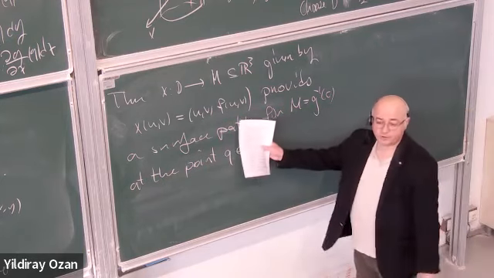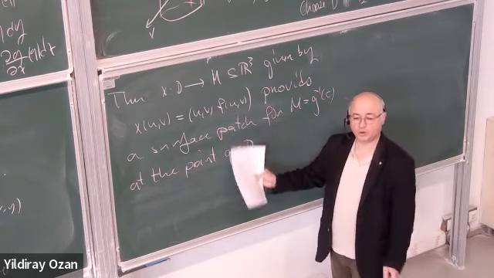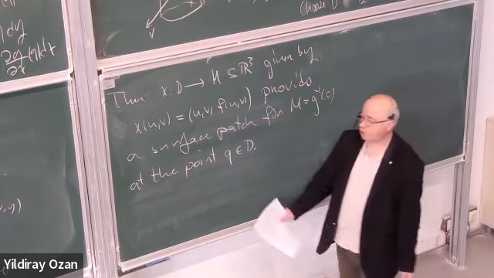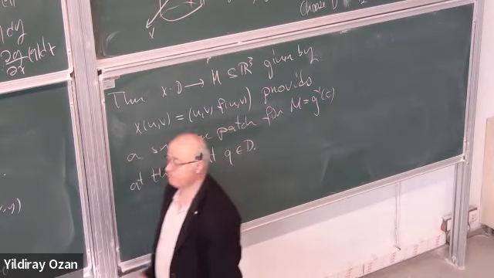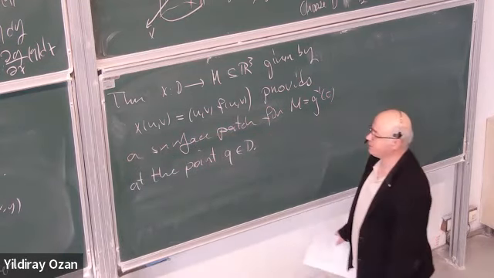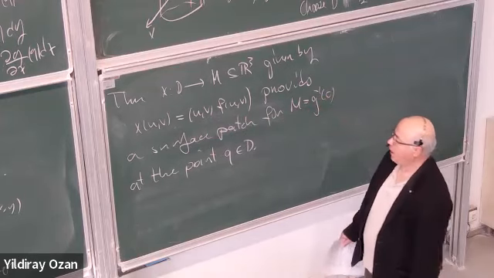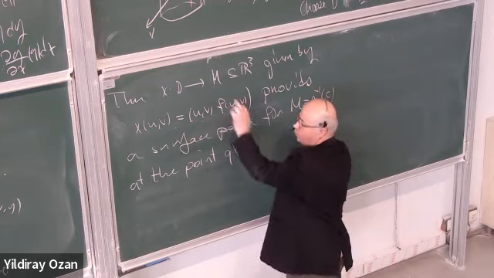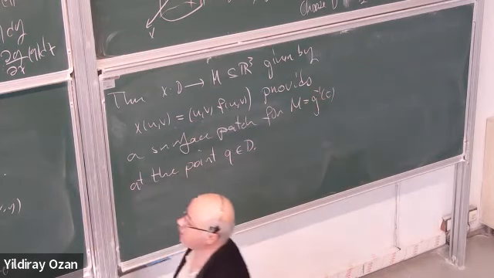Why is this a surface patch? Because we already proved that graphs of smooth functions are surfaces, right? So once I have this f from the implicit function theorem, I can write this formula, and you see that this point is already in M because it is the definition of M, right?